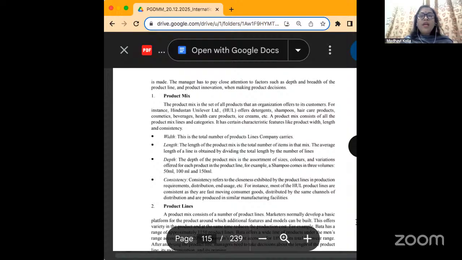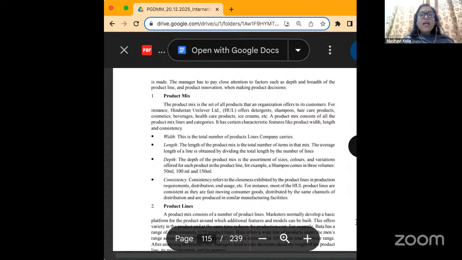So if we were to take the case of Hindustan Unilever Limited, or HUL, it offers detergents, shampoos, hair care products, cosmetics, beverages, healthcare products, ice creams, etc. So it's a huge range of products that the company is trying to offer. The product mix consists of all the product lines and categories. So it has certain characteristics, and let us try to understand what each of them is.